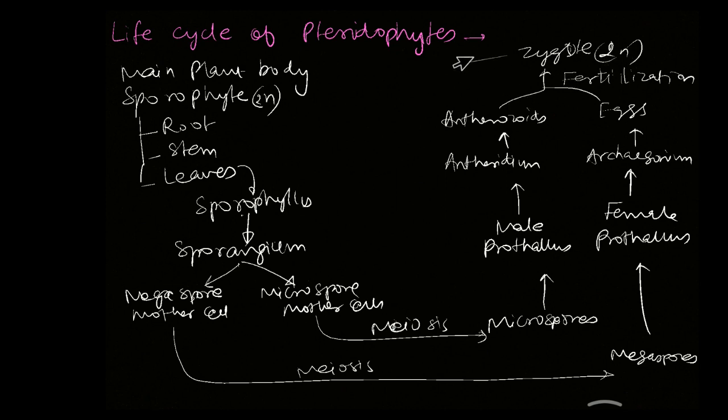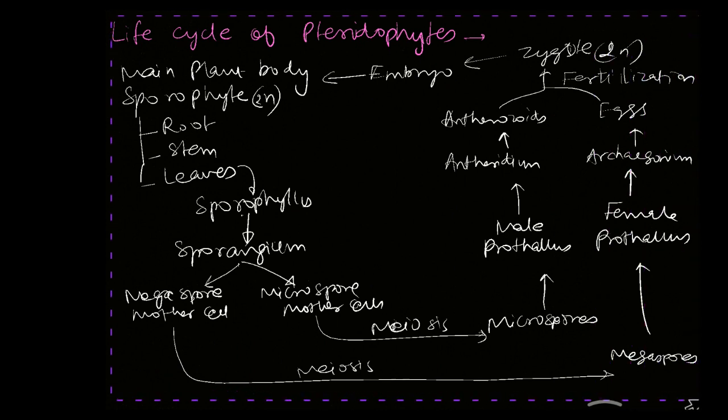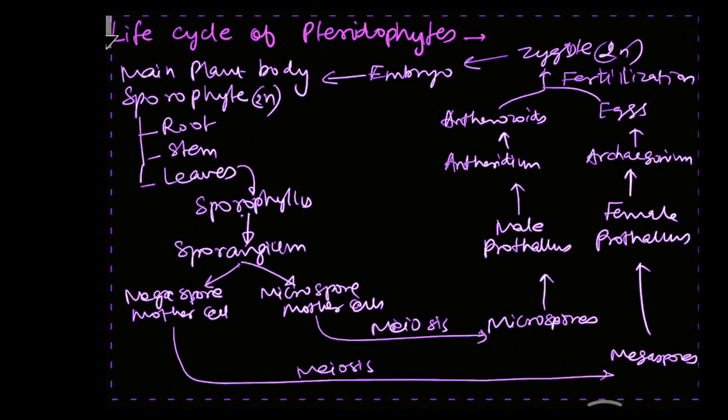After the development of the zygote, the embryo is formed, and this embryo forms the main plant body, which is a sporophyte. So this is the life cycle of a pteridophyte. Then after this we are talking about the life cycle of an angiosperm, and we all know very well about the angiosperms.